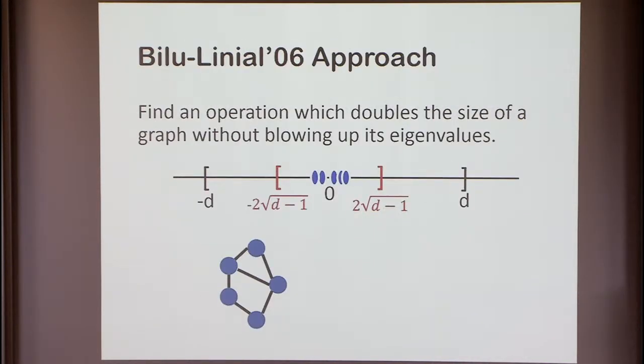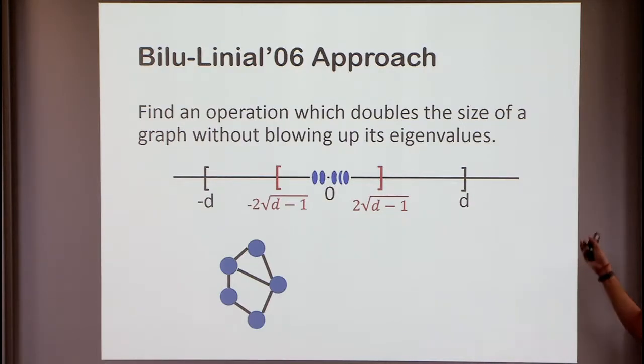The way we do this is we follow an approach given by Bilu and Linial. So what do we want to do? We want to construct an infinite sequence of d-regular graphs with a spectrum that's concentrated. To do that, it would suffice to find some operation which doubles the size of a graph without blowing up its eigenvalues too much.